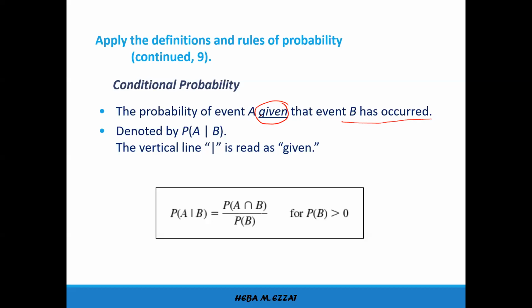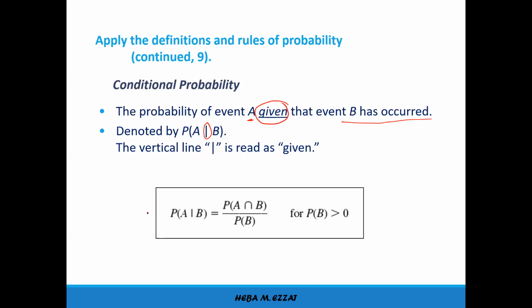So what is the probability of event A given that B has occurred? This conditional probability is denoted by P of A, event A, given, this vertical line is read as given, B.